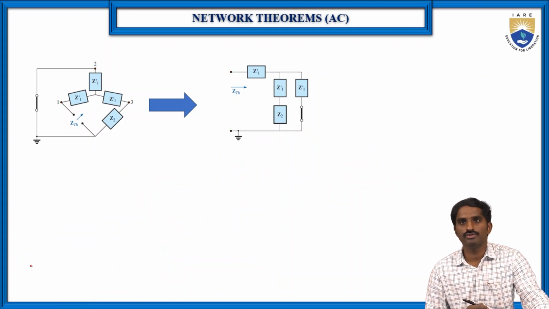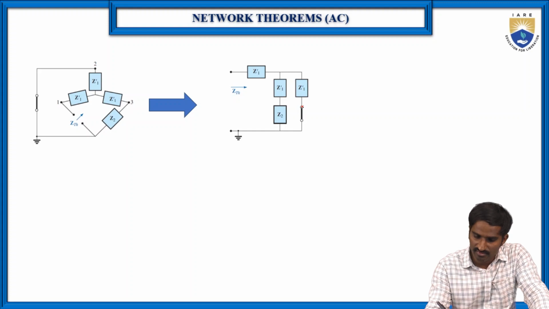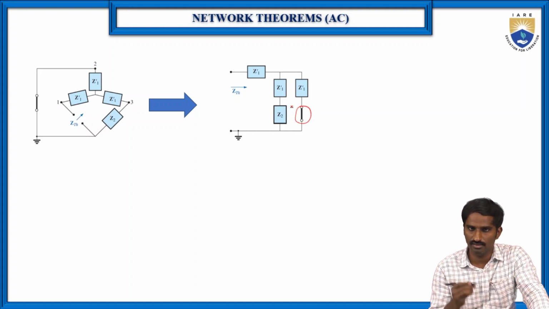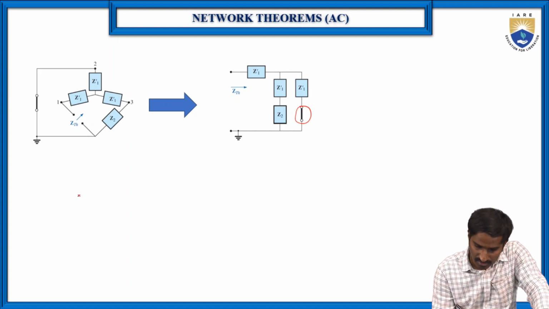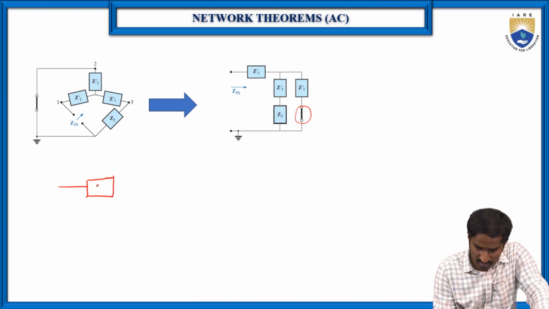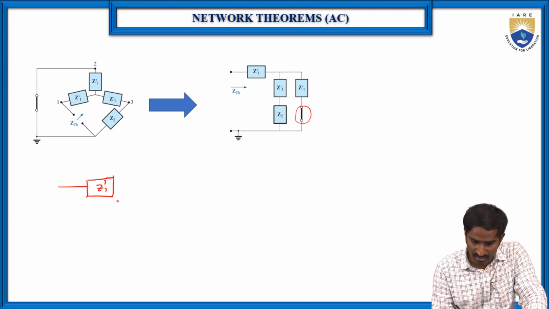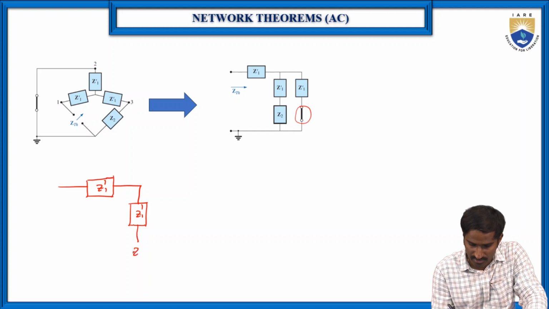In the V Thevenin circuit, we will have the input source E. So let me draw the circuit for the V Thevenin. Here, the same way, you will have Z1 dash, again Z1 dash, and Z2.